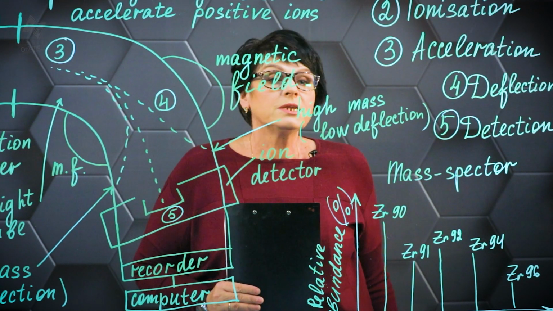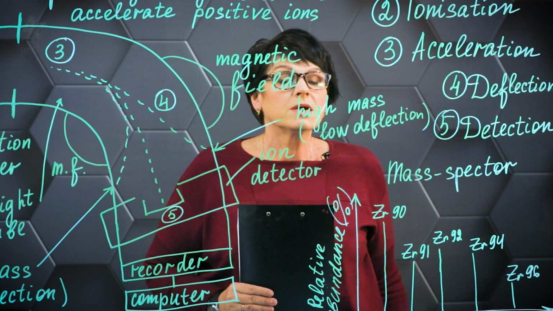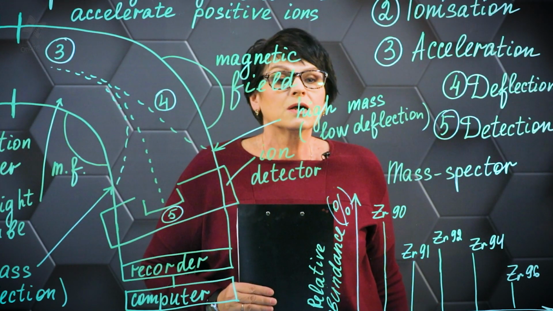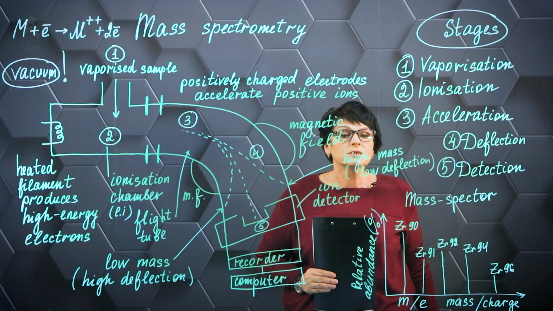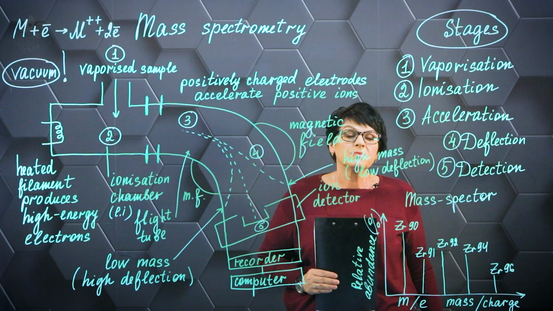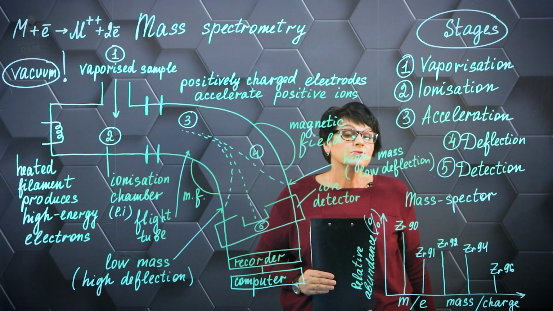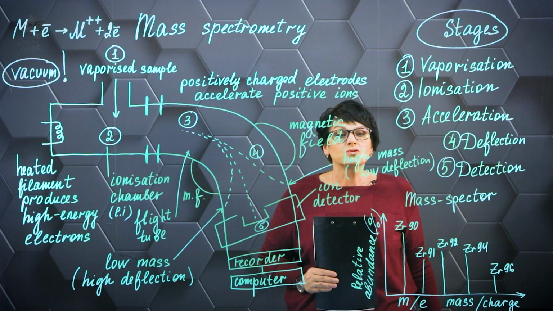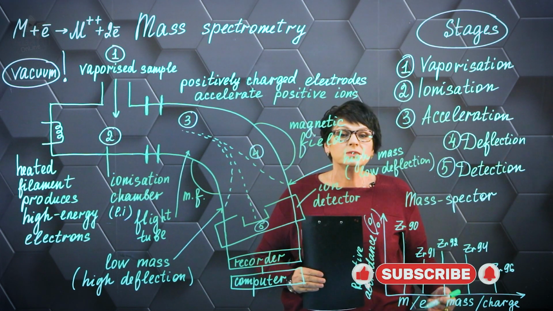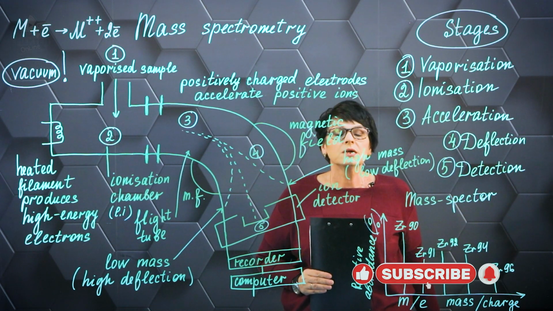This research method is also used to determine isotopic composition, which we're going to talk about in the next lesson, where we'll learn to use mass spectra like this to find the average mass isotopic composition for a given chemical element and determine its relative atomic mass.